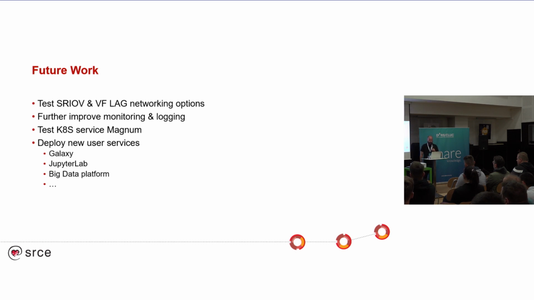Future work and conclusion. The VF flag and SR-IOV are really cool things. When we deployed the first one, we did not play around with it because the hypervisors have two connections which we bond, which basically means you cannot pass it through to the VM.